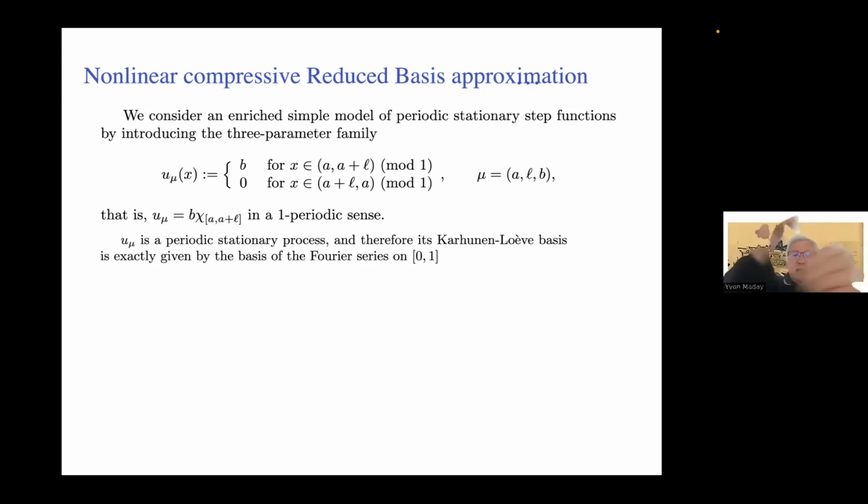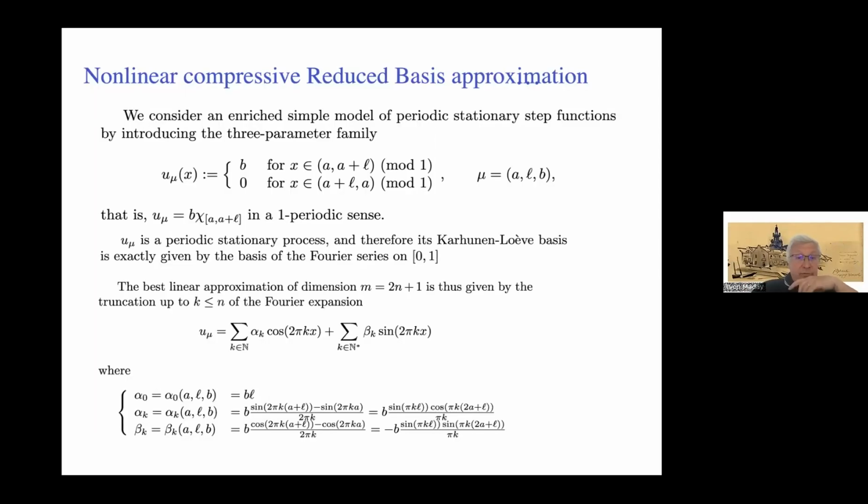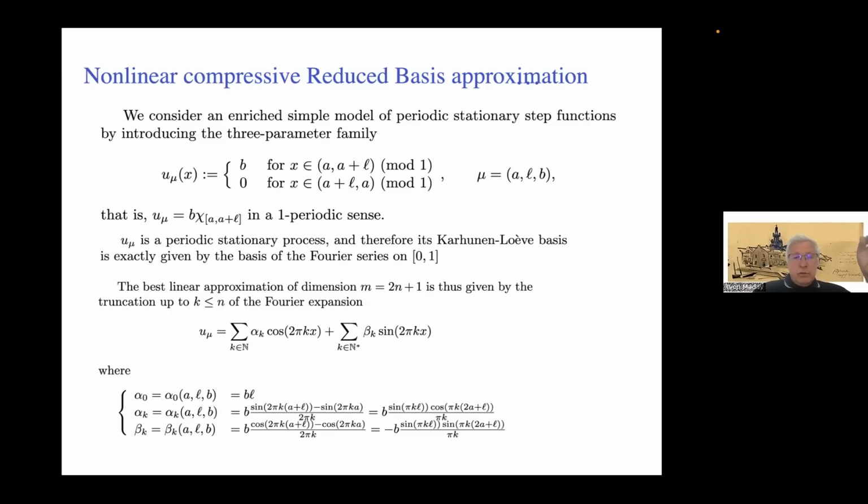This is the Karhunen-Loève expansion. So we do the expansion of u_mu in the Fourier basis, and because it is a real function, we prefer to use the cosine with the coefficient alpha k and the sine with the coefficient beta k.